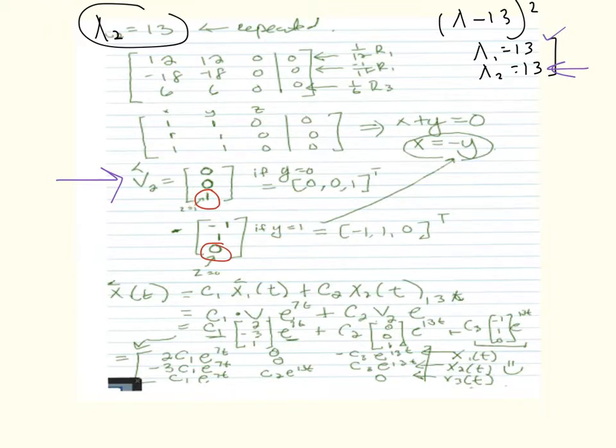I'm going to let z be 0 here. And then I'm going to let y be 1, because if y is 1, then we know x is just the opposite, which is negative 1. Again, it's just the transpose of this vector. So here are my two eigenvectors associated with these two repeated eigenvalues, our defective root.